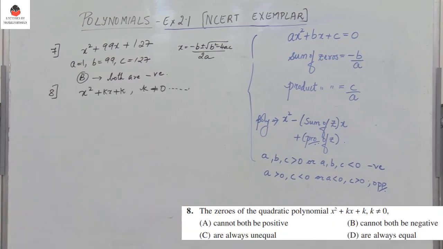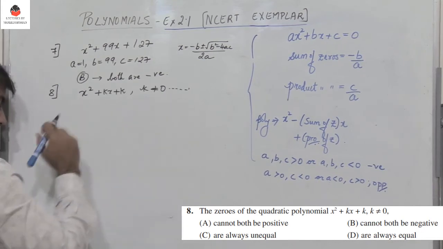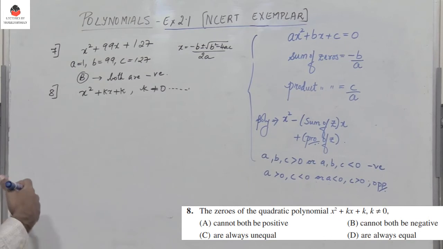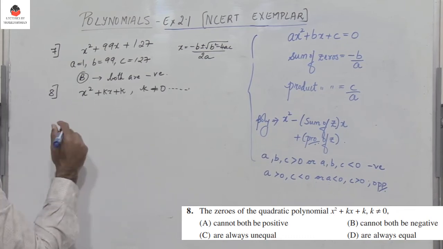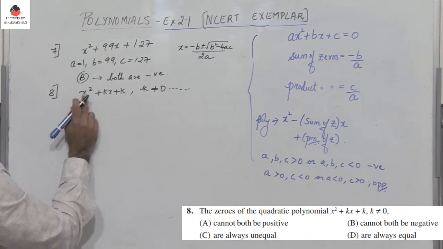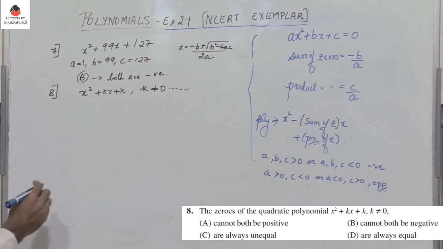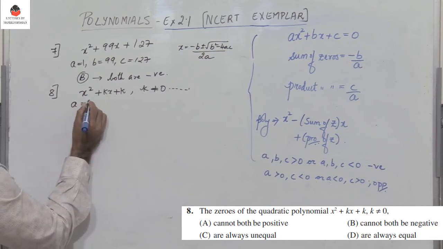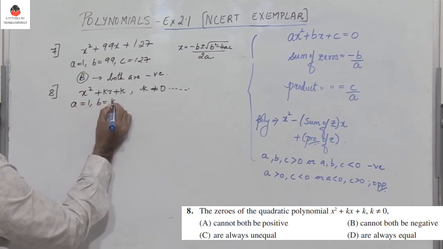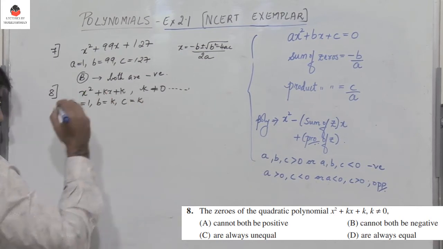Next problem. The zeros of the quadratic polynomial x square plus kx plus k, where k is not equal to 0. So we need to check if they both are equal or unequal and so on. Now let us compare this polynomial with the general form ax square plus bx plus c. When I compare it, I get a equal to 1, b equal to k, and c also equal to k.